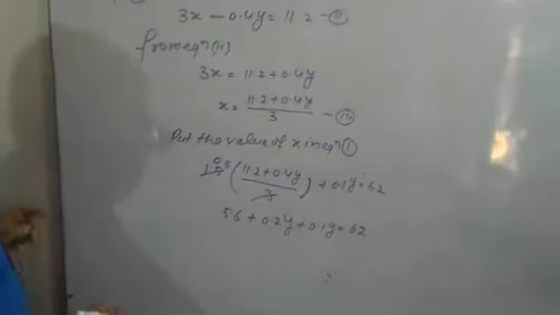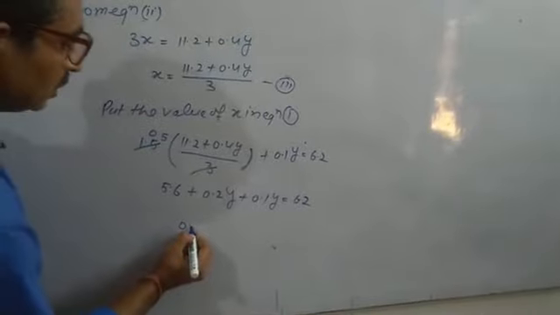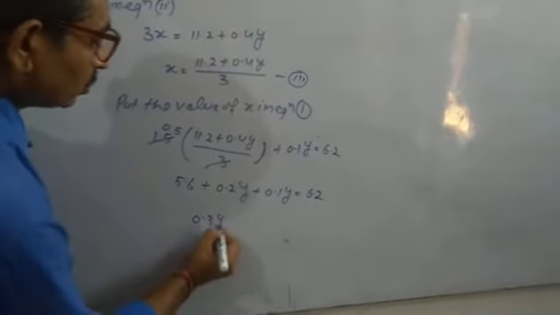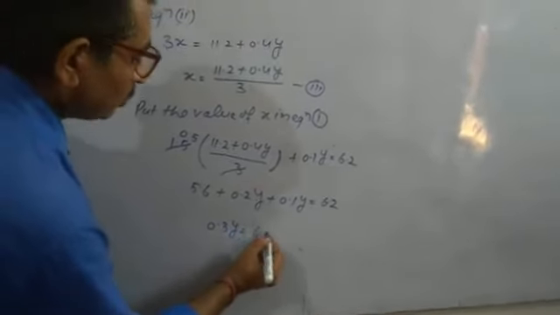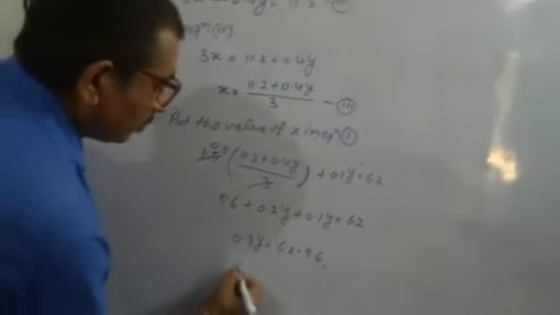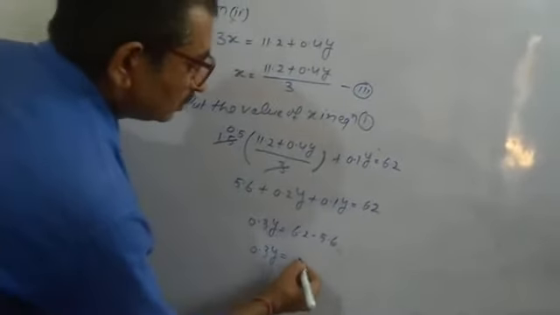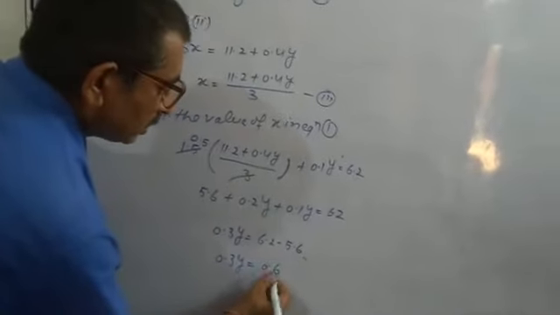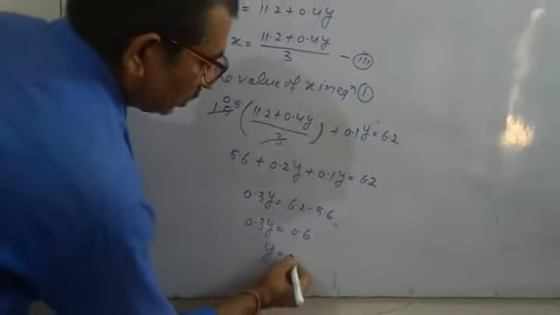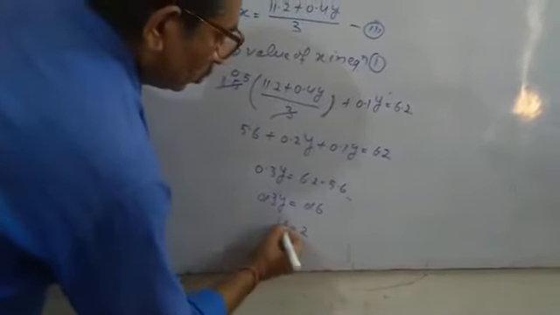On opening this, 0.3y equal to 6.2 minus 5.6, 0.3y equal to 0.6, y equal to 2.